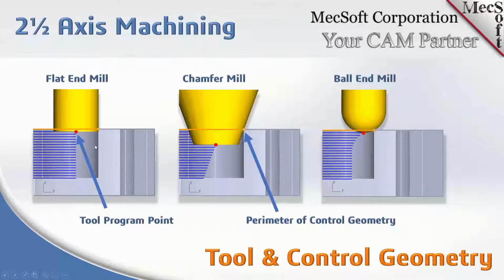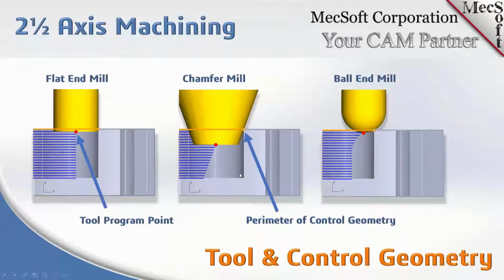In the image here, you'll see that the diameter of the tool stops at the side wall of the control geometry where the little square is, okay? The red dot is the program point for the tool path, and you'll see that the blue lines extend out, stop at the center of the tool, and each one of these are cut levels down to the bottom. That's a typical basic 2.5 axis pocket.